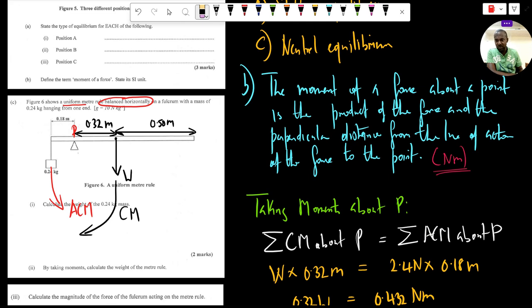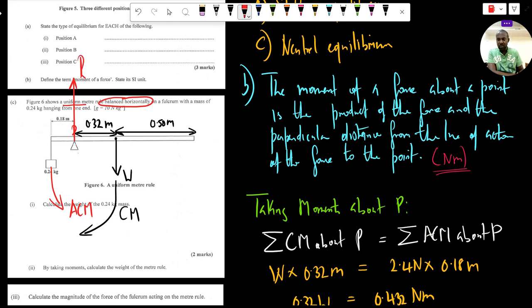If the forces are vertical, we can say that the sum of the upward forces must be equal to the sum of the downward forces. So here at this pivot P, there is going to be an upward reaction force.